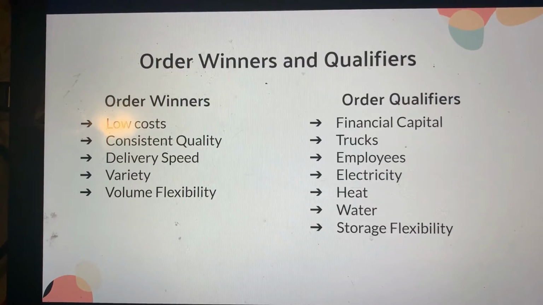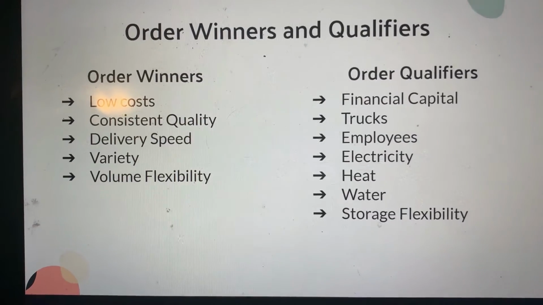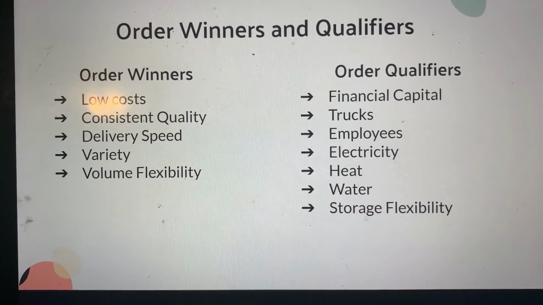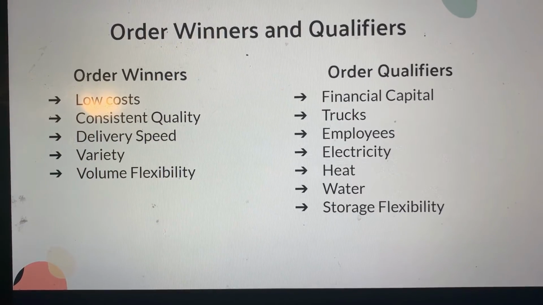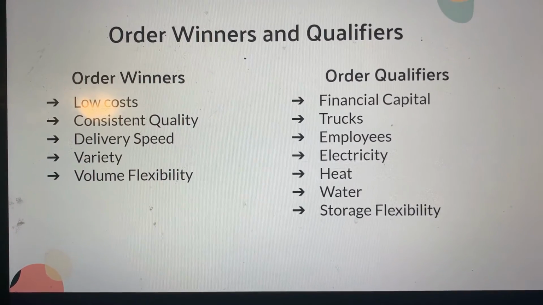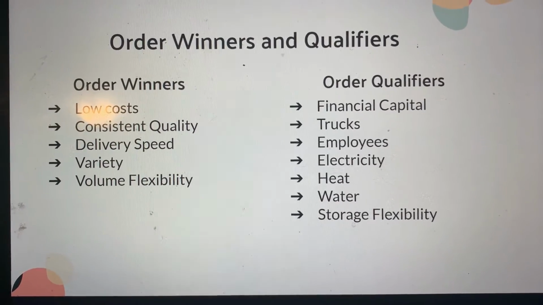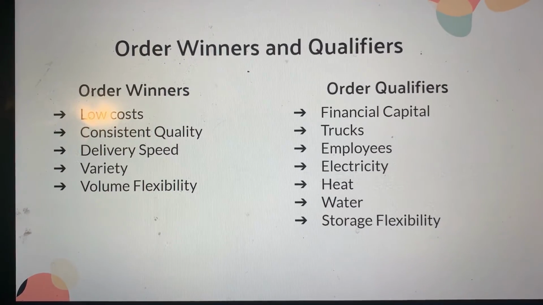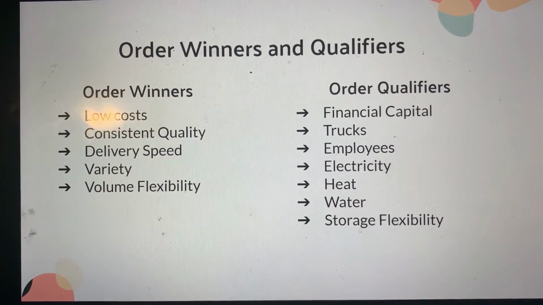Continuing on. Some order winners that make Office Warehouse clients loyal are low cost, consistent quality, delivery speed, variety, and volume flexibility. Some order qualifiers that Office Warehouse has are financial capital, trucks, employees, electricity, heat, water, and storage flexibility.